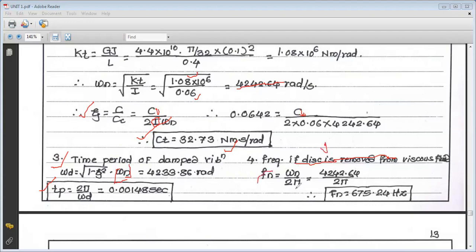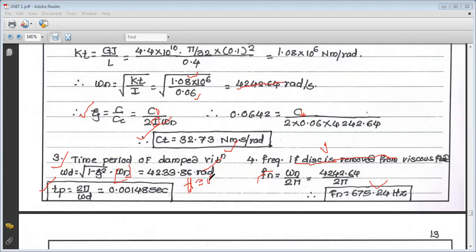So Fn is equal to omega n upon 2 pi. So from that we get the value of Fn as 675.24 Hertz. This omega d can also be calculated in terms of Hertz, that is Fd. So Fd is equal to omega d upon 2 pi. So that is also a frequency in Hertz.